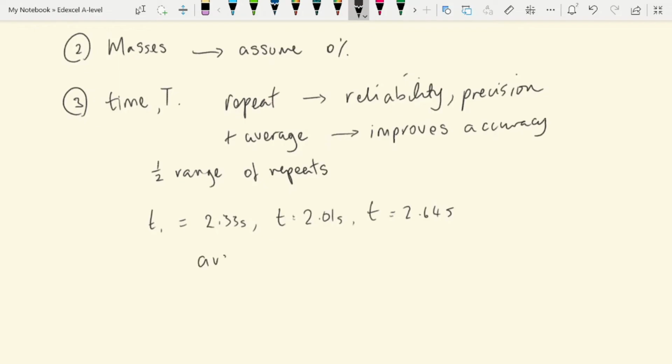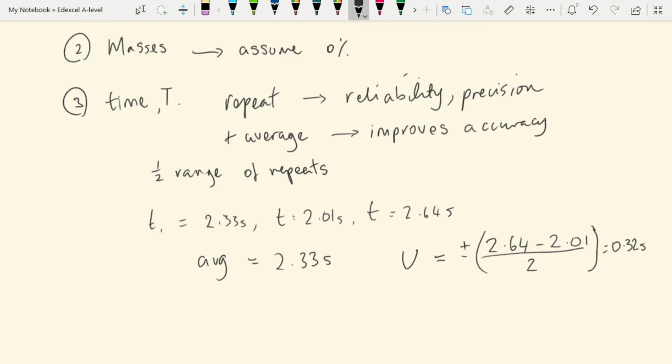The average of these, our uncertainty here is going to be plus or minus the largest value minus the smallest value divided by 2. And that gives us 0.32 seconds.